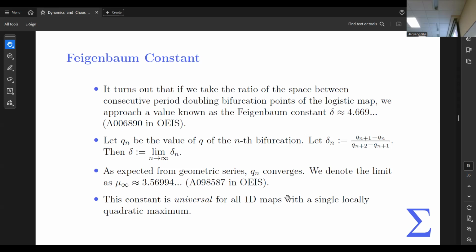This is some constant value, which we saw earlier as 3.5699 something. So for mu less than this value, we have bifurcations with decreasing space between each one, and eventually near this point, we have an unbounded number of bifurcations.